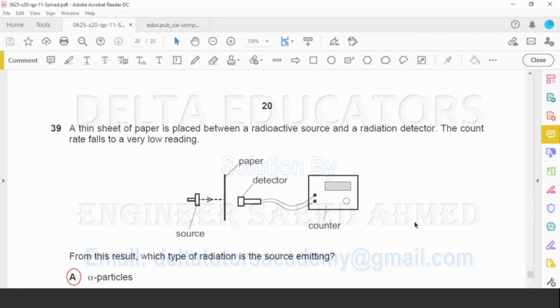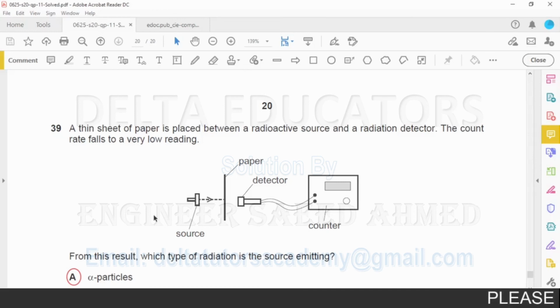Question number 39. A thin sheet of paper is placed between a radioactive source and a radiation detector. The count rate falls to a very low reading. From this result, which type of radiation is the source emitting? We have three types of radiations: alpha, beta and gamma.